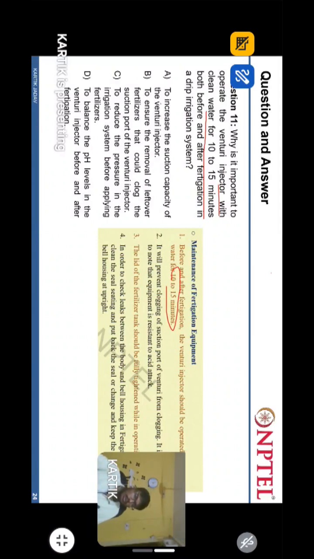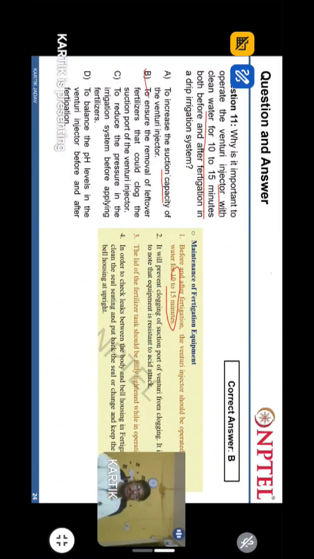Why so? Option A, to increase the suction capacity of the Venturi injector. Option B, to ensure the removal of the leftover fertilizer that could clog the suction port of the Venturi injector. Option C, to reduce the pressure in the irrigation system before applying fertilizer. Option D, to balance the pH level in the Venturi injector. So option B, right?